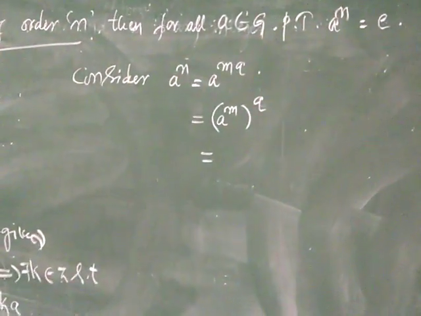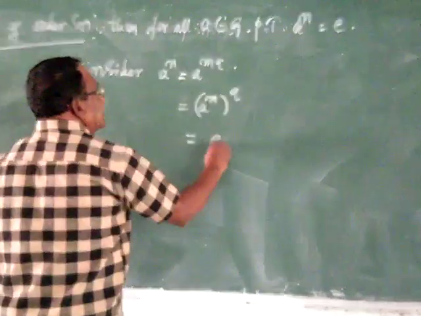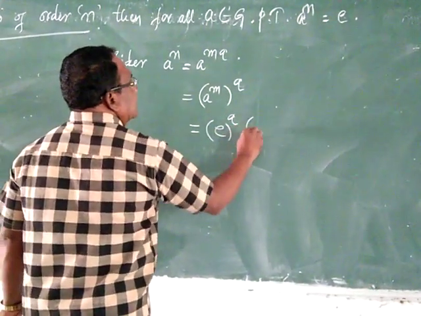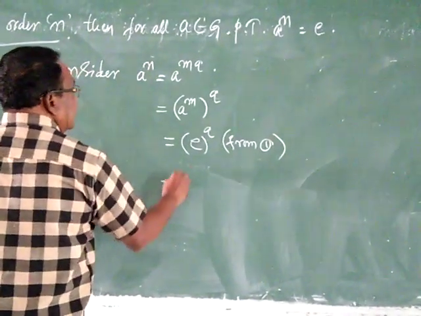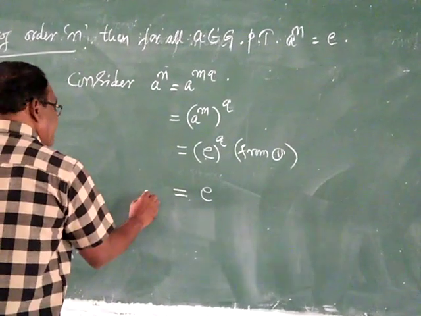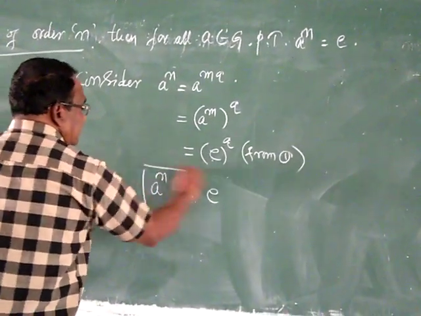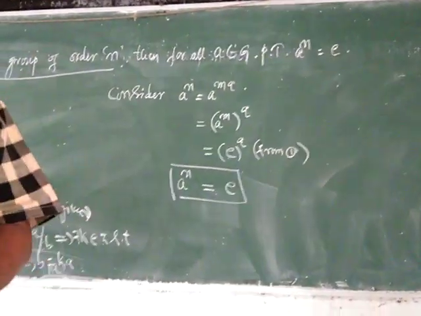What is A to the power m here? By result number 1, it is E to the power q. E to the power q is equal to E. That is, A to the power n is equal to E. This is what we wanted to prove.